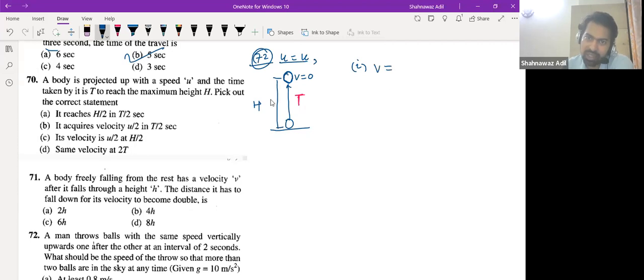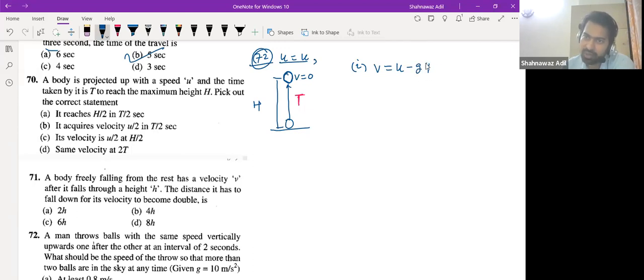In this case, we are throwing the object upwards, so a is negative, minus g.